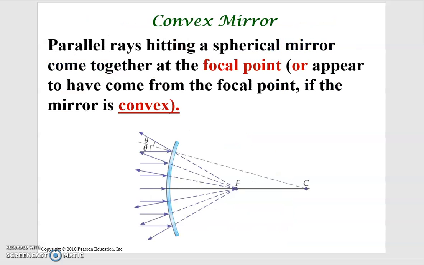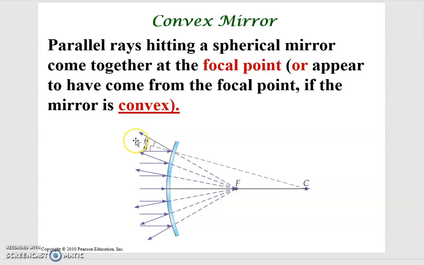The second kind of mirror is the convex. What is a convex mirror? It is one where the focal point is beyond the mirror. So for this convex surface, once again, if you have an incoming light ray parallel to the axis interacting with the surface, once again, it always follows the law of reflection.